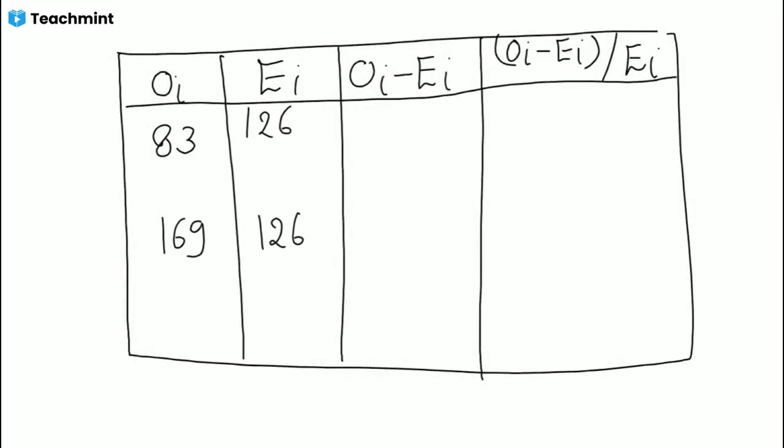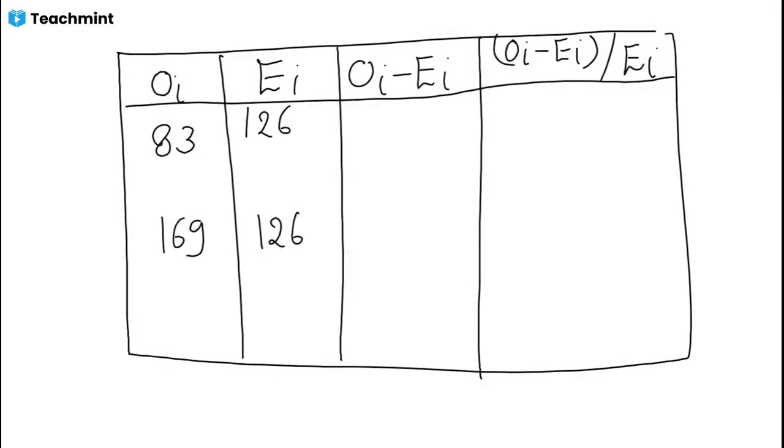Oi minus Ei: 83 minus 126 is minus 43, and 169 minus 126 is 43.